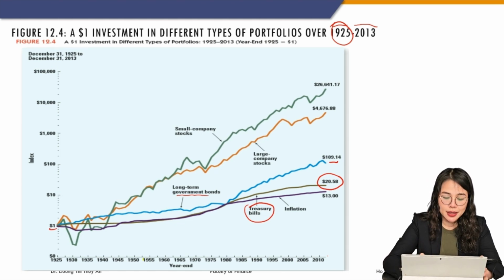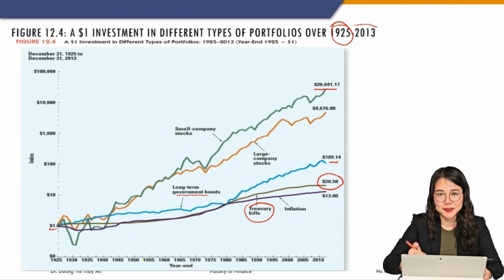And you see, from $1, if we invest in small company stock, about 80 years later, it grows to $26,641.17. Such an amazing number, right? It's the highest among these kinds of assets.